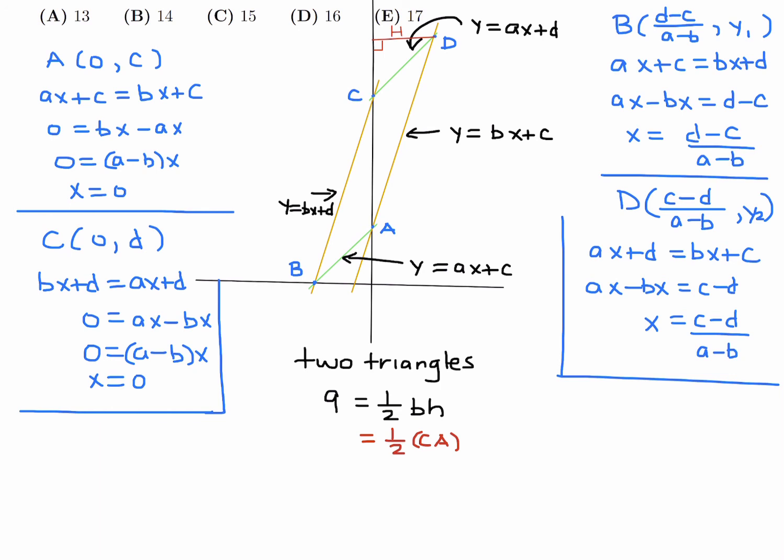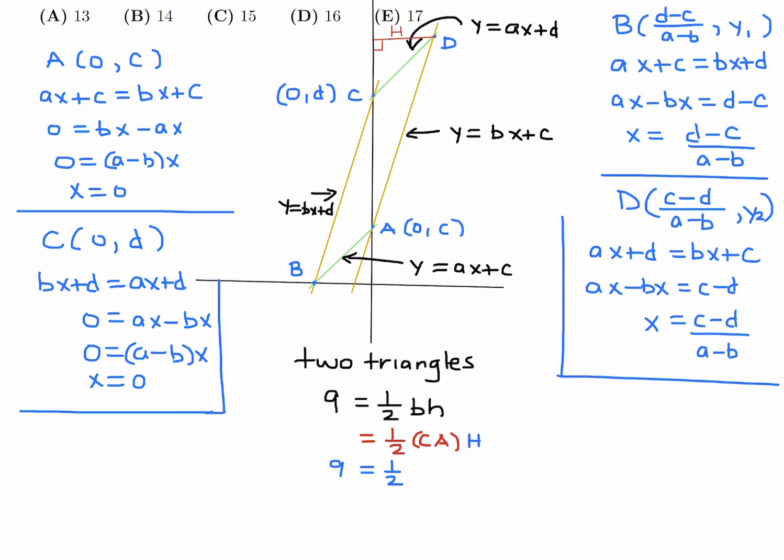So let's go back and substitute that in. 9 is equal to 1/2. CA is the distance from here to here. Well, C is 0D in terms of its coordinates, and A is 0C.